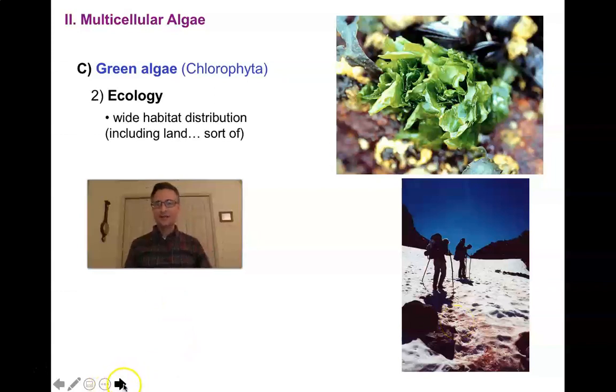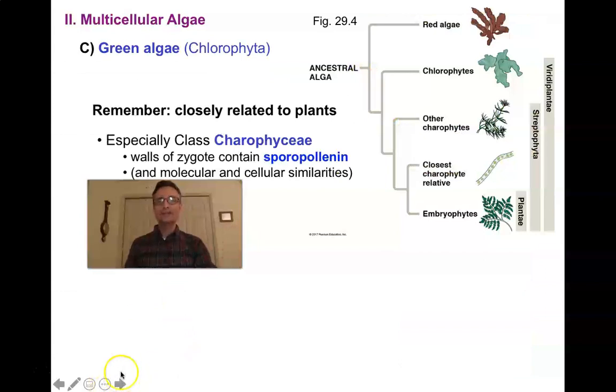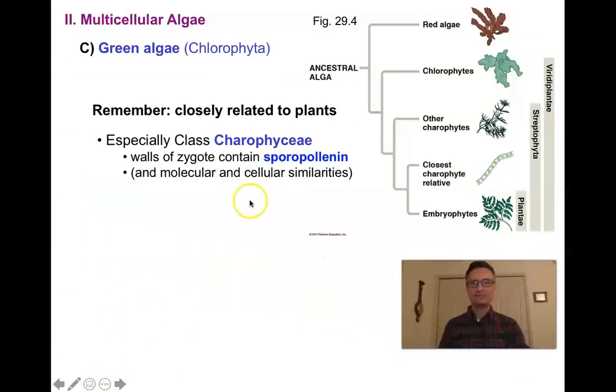All right, so we've got our green algae, our chlorophytes broadly, but let's zoom in and take a look at some specific groups of green algae. In particular, let's take a look at a class of green algae called the charophyceans. The really interesting thing about charophyceans is that they produce a particular chemical called sporopollenin.